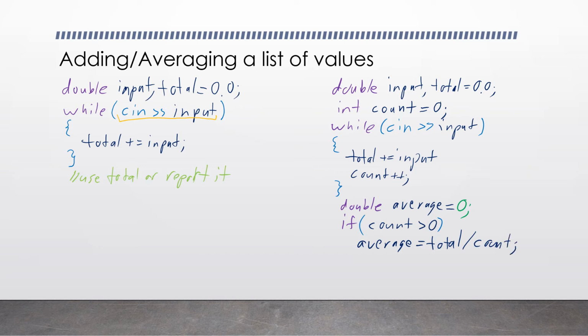And since total is declared as a double, we'll do proper floating point division here, not integer division. So we'll get a fractional number. Then I can cout the average value, or I can store it and use it for later in my program or something.